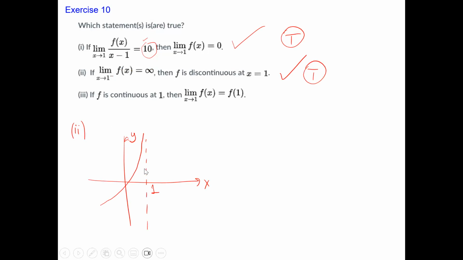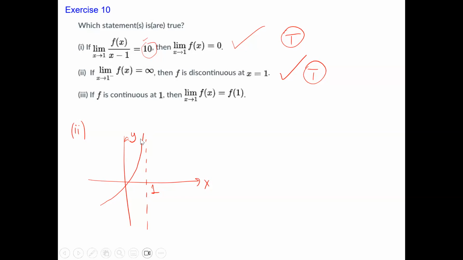Whatever will happen, it is definitely discontinuous at 1. But I'm just thinking, we may also say it's continuous on the left-hand side, because we remember we have one-sided continuity.